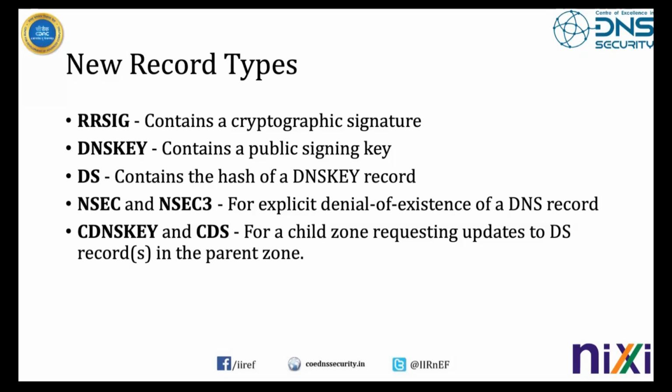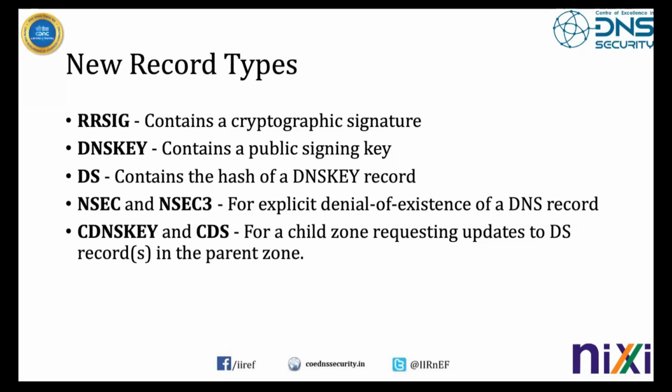For example, suppose that on a server there are records like auth.cdac.in and mail.cdac.in. But I deliberately asked about drive.cdac.in. Now drive.cdac.in is not there. So after D, whatever alphabetical next subdomain is there, which in this case is mail, will be returned as the next secure record. So this is for explicit denial of existence.